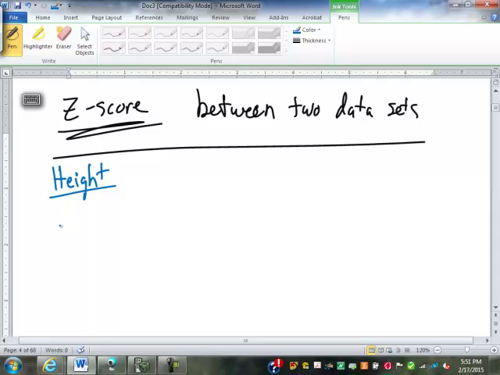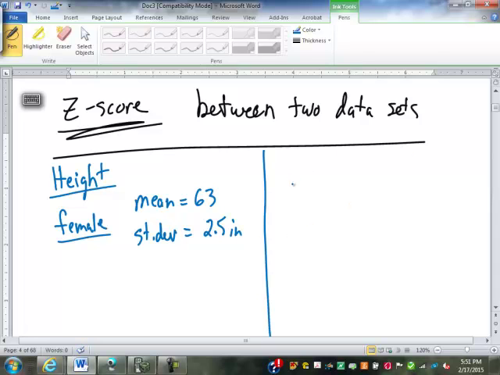Let's say that for females, the mean height worldwide is 63 inches, with a standard deviation of 2.5 inches. For males, let's say the mean height is 69 inches, with a standard deviation of 4 inches.